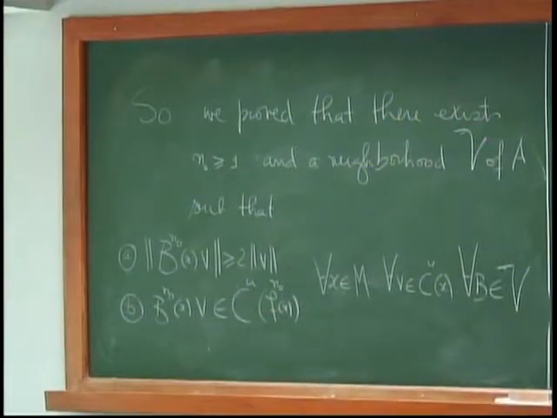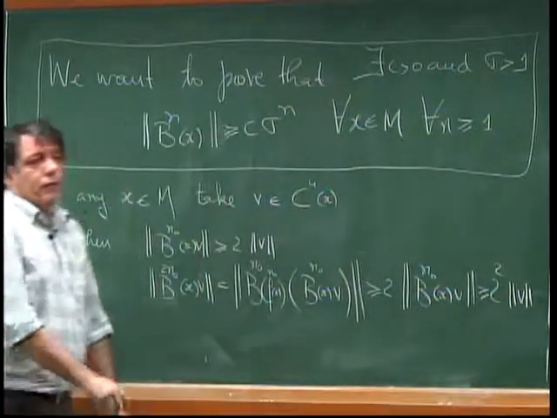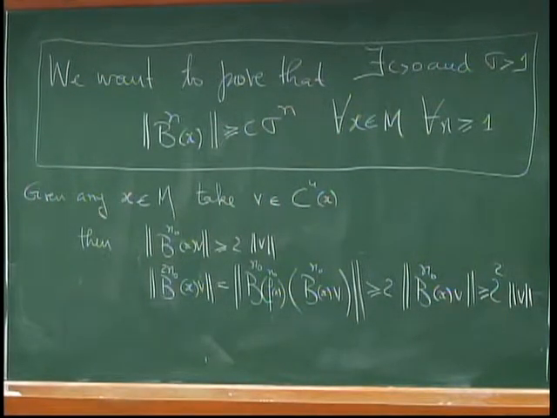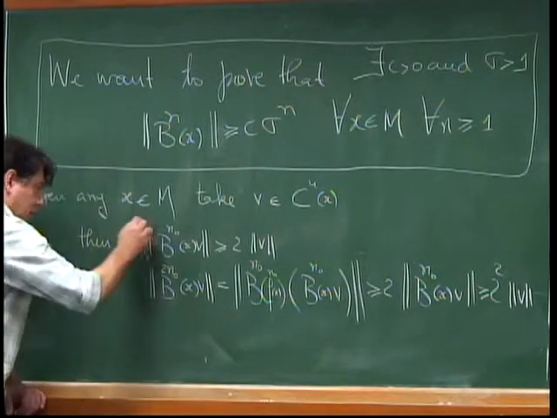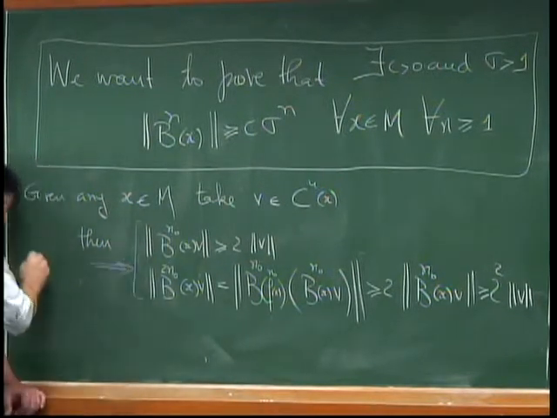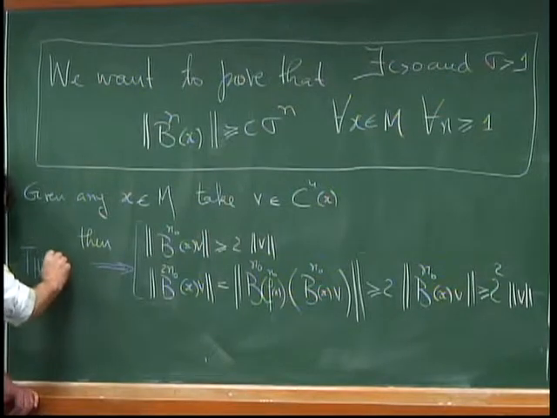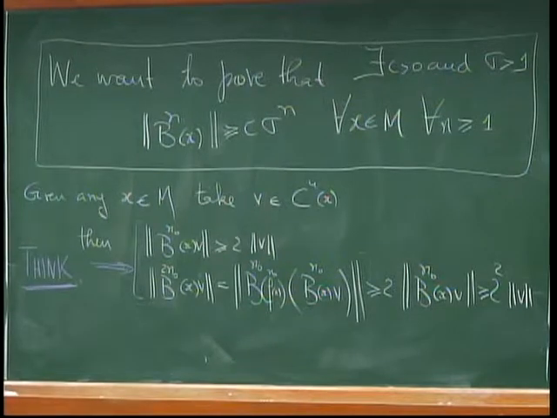And this is bigger than 2 squared v. Okay? But see how important it was to know that at the end we are again in the cone, so that we can iterate this procedure. It's not that every vector is expanded. Okay? So once this, I know that you are tired, we are over time already, but think about this, because that's where the proof makes sense. Okay? The rest is the rest.